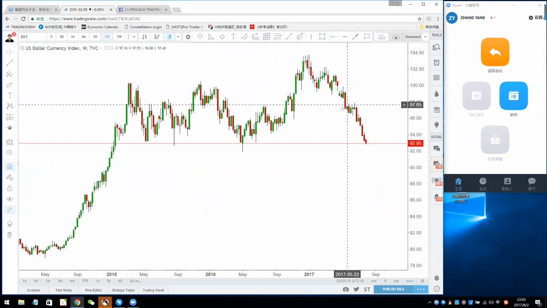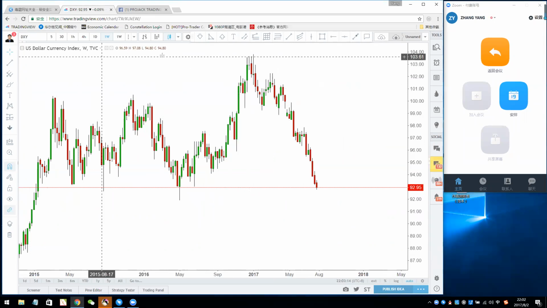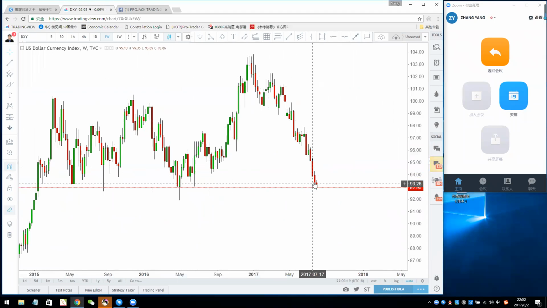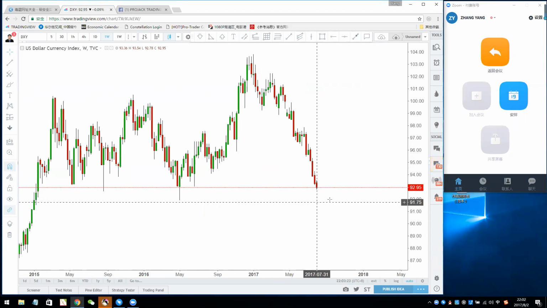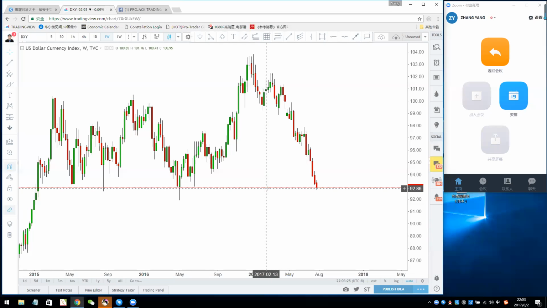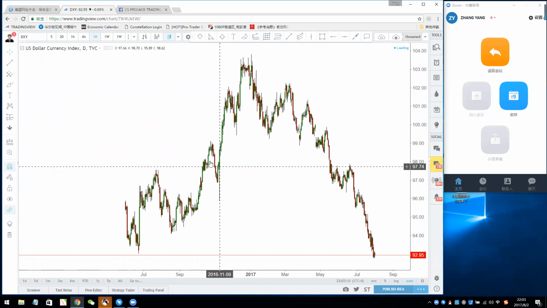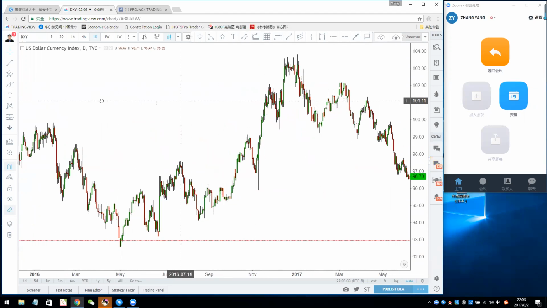All right, let's talk about the DXY first. The DXY in the weekly chart has broken a 3 weeks low for this week. It just broke another low, and it touched 92.81. In my previous webinar, I marked a place for you guys.